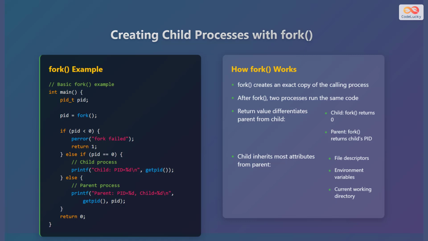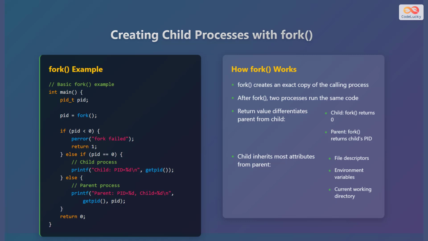The primary method for creating new processes in Unix is the fork function. The fork function creates an exact copy of the calling process, which is the parent process. After fork is called, both the parent and child processes continue to run, executing the same code. However, the return value of the fork function allows the processes to differentiate themselves.